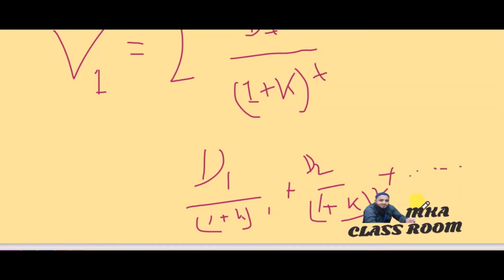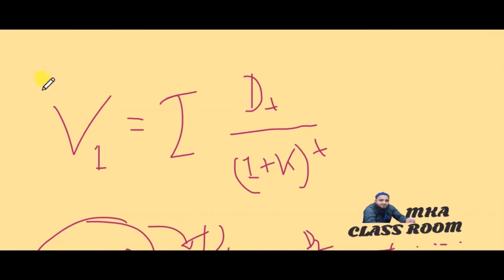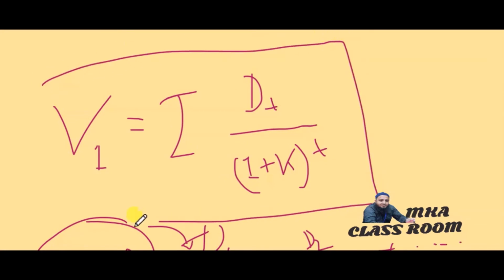It should continue to n, that means 1 to n, a fixed number of periods, up to Dn divided by 1 plus k power n. That is the valuation of dividends in the first phase.